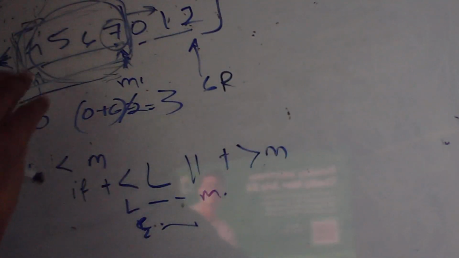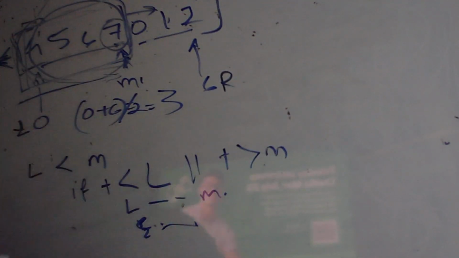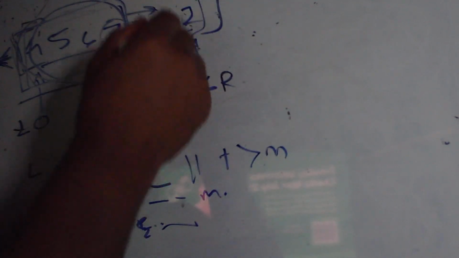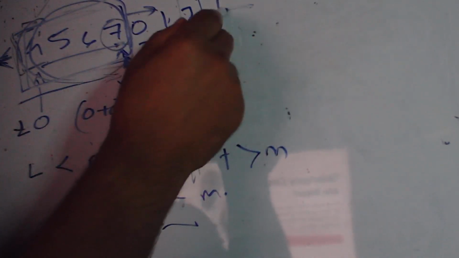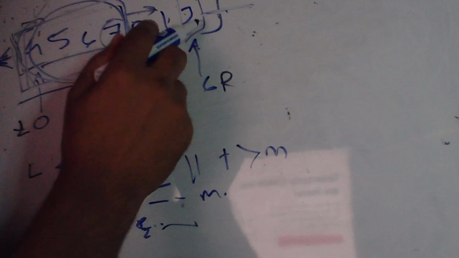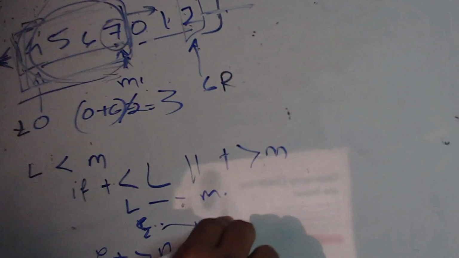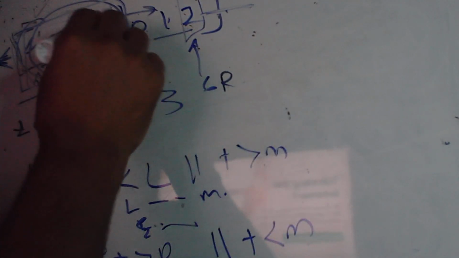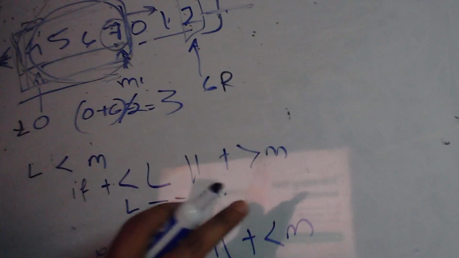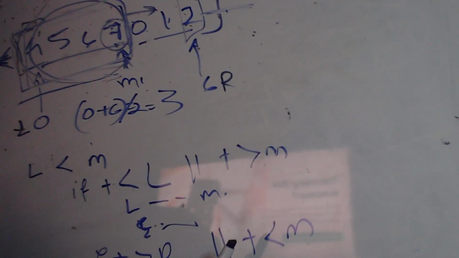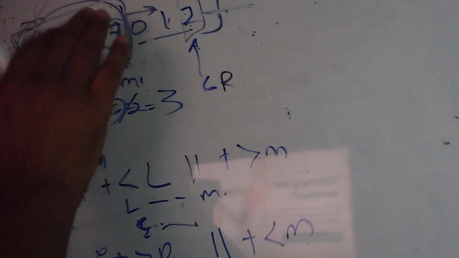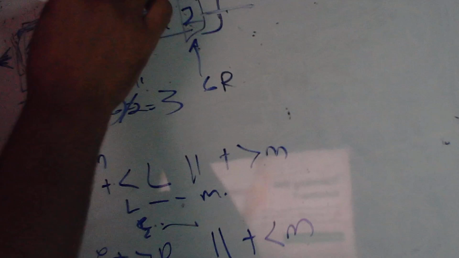And the other way around, if this condition fails, then we have to check the reverse. What is the reverse? If target is greater than right, or target is less than mid, and that condition becomes true, it means our target will be in this side of the array, not in this side.